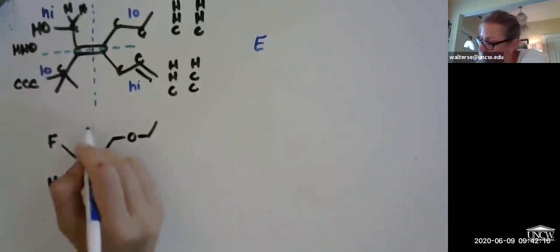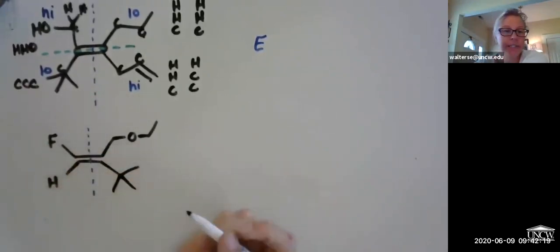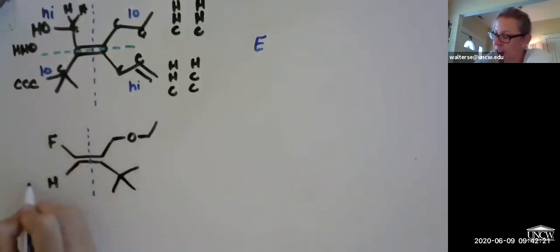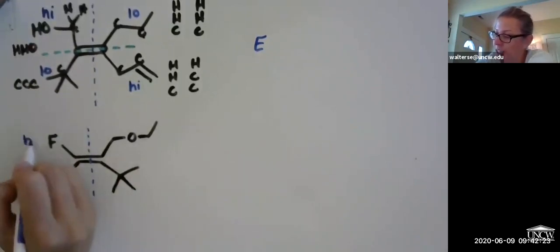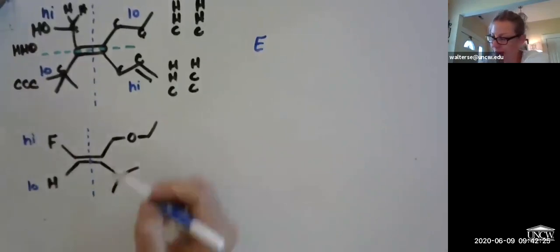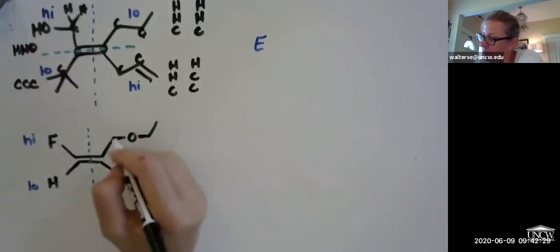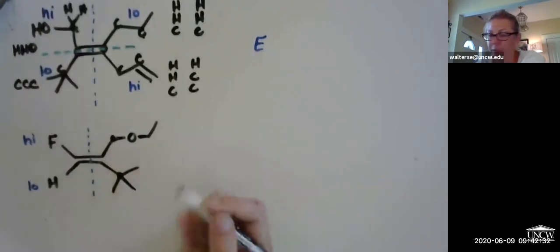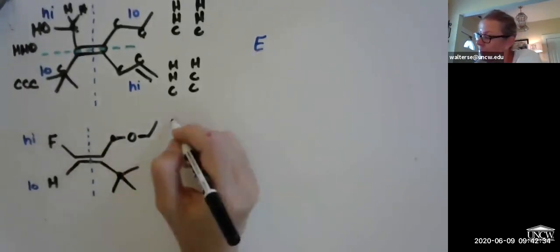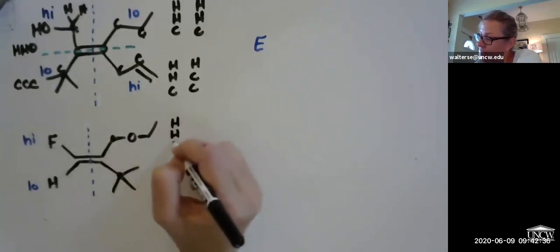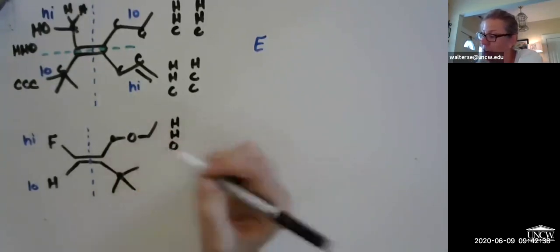This side, let's first bisect the pi bond. Hydrogen is low, fluorine is high. Carbon here and a carbon here. So we have to look at the groups off the carbon. Hydrogen, hydrogen, oxygen due to the ether.